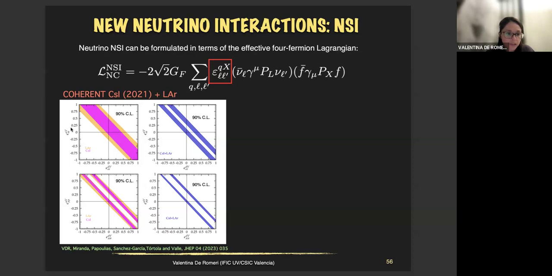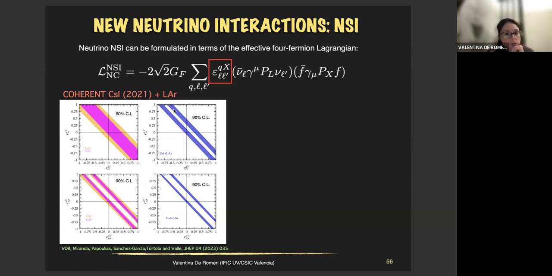So the upper panels refer to interaction with electron neutrinos, and the lower ones with muon neutrinos. The plots on the left show the results when we analyze the two data sets, liquid argon and cesium iodide of 2021, separately, and the right ones instead are what we obtain when we combine the two data sets.